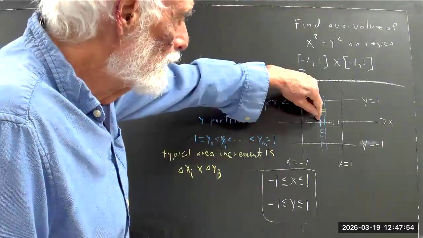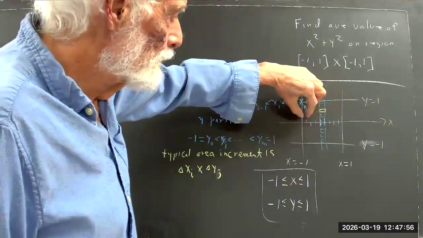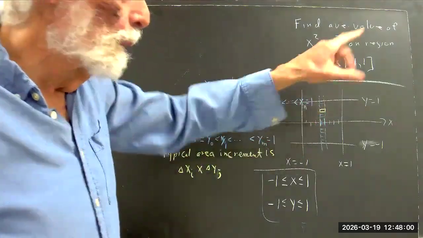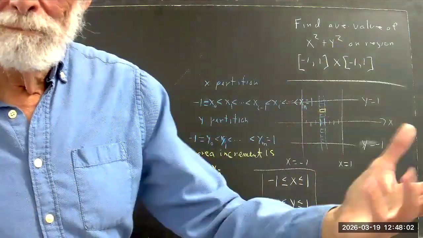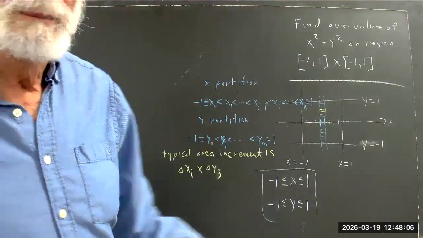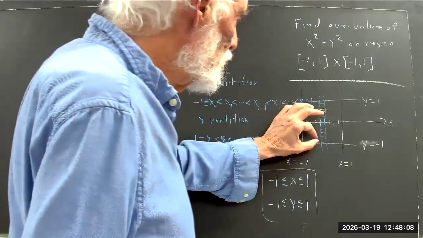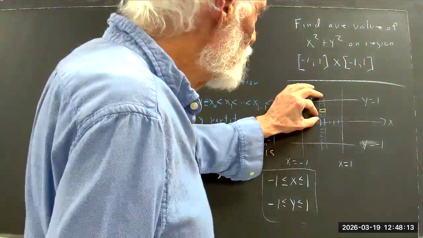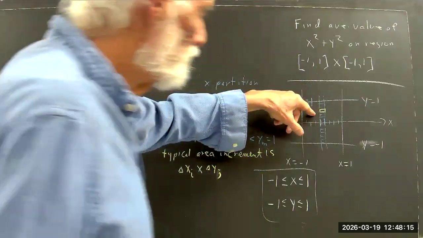I is the number of this partition. Here's partition 1, 2, 3, 4. That would be partition 5, the way I've drawn it. And this would be increment 1, 2, 3, 4, 5, 6, 7, 8, 9, maybe.